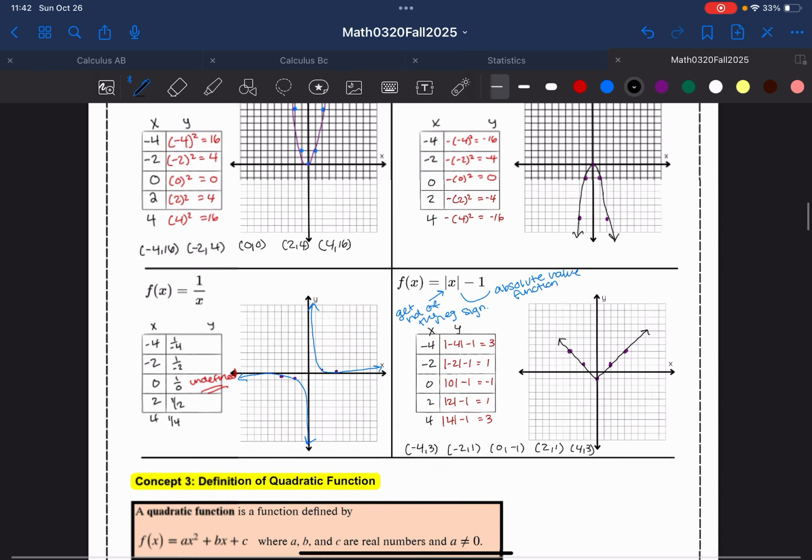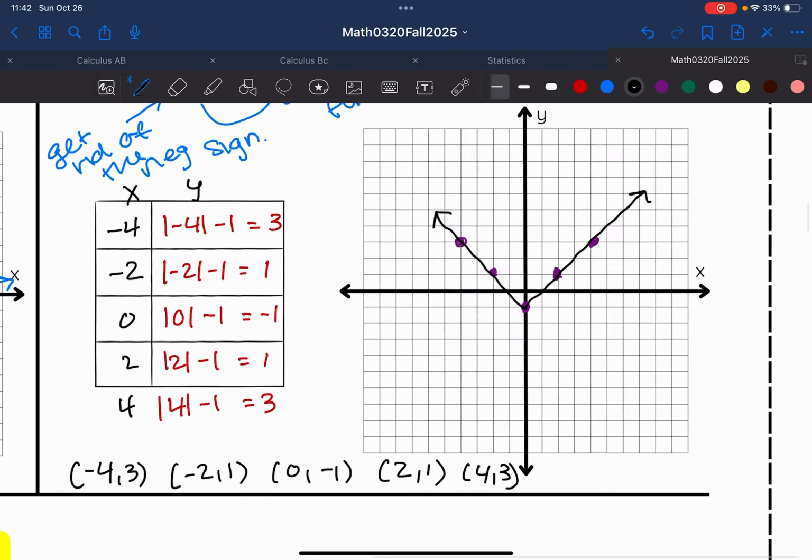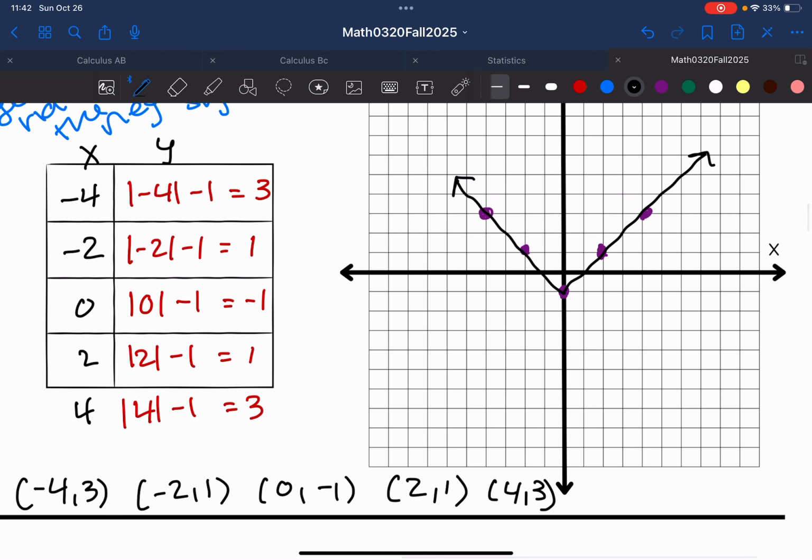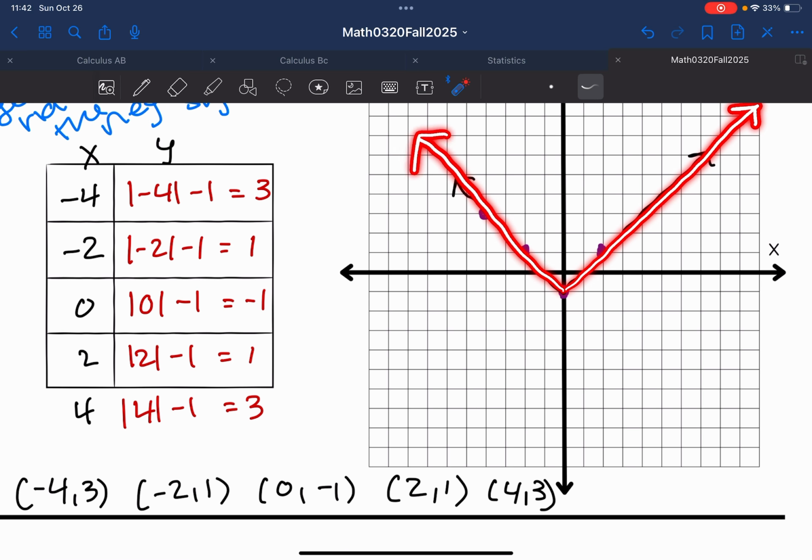Make sure when you're drawing your graph, you are putting arrows on either end because there's no restrictions on this graph. So we don't know how far away it's going on the x's or the y's. So even though we only did a couple points, there's still more points going in either direction, okay? So that's why I do the arrows in either direction.